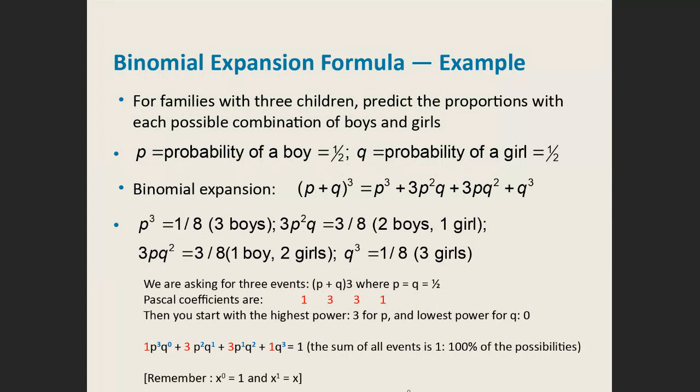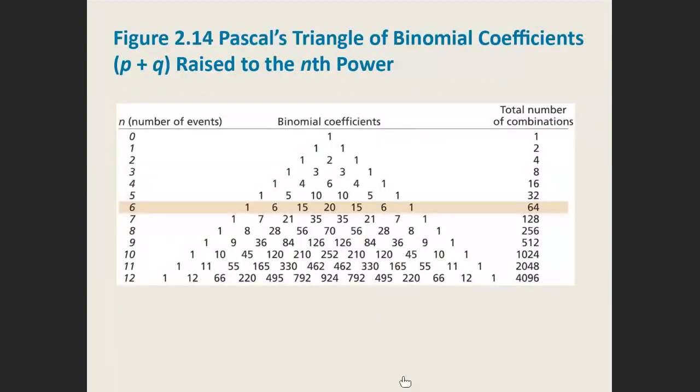How do you get these coefficients? You look at this table, which is the table showing the binomial coefficient for the number of events shown here on the vertical axis. In our case, it was 3 in the previous slide. And you see there you have your coefficients here. Okay, 1, 3, 3, 1.